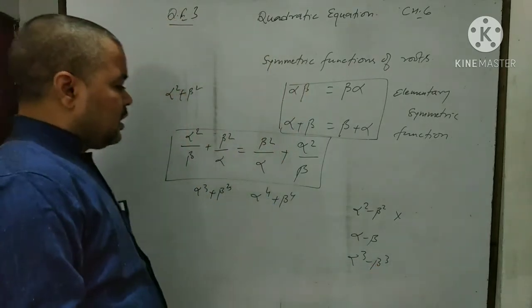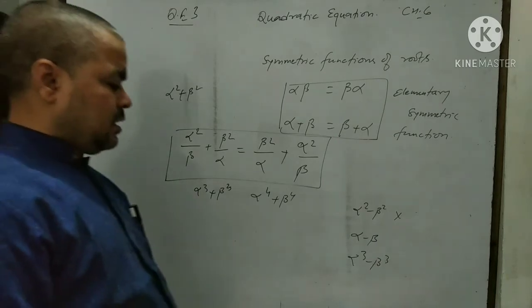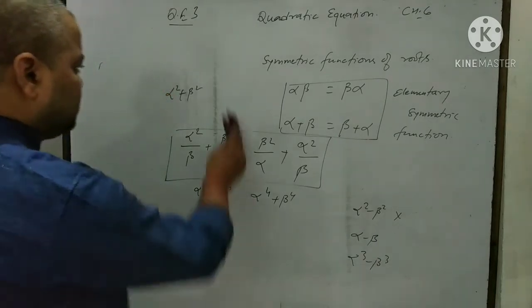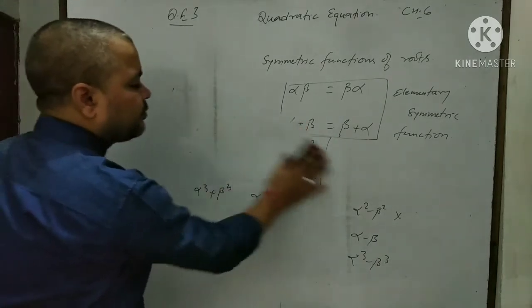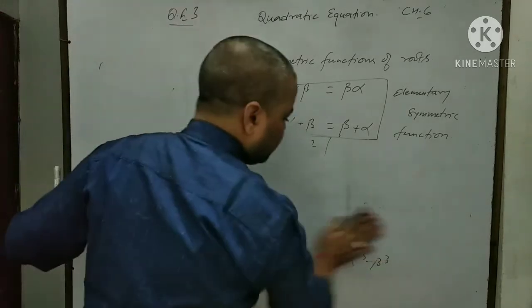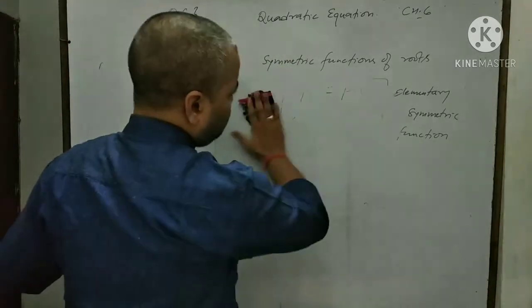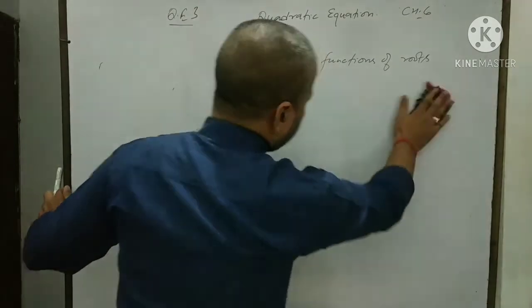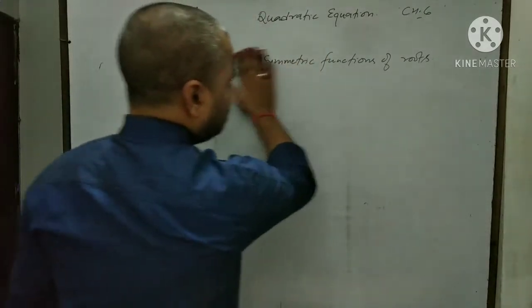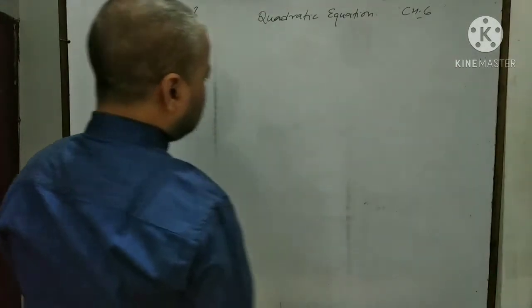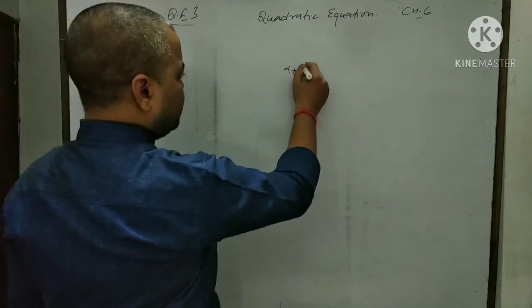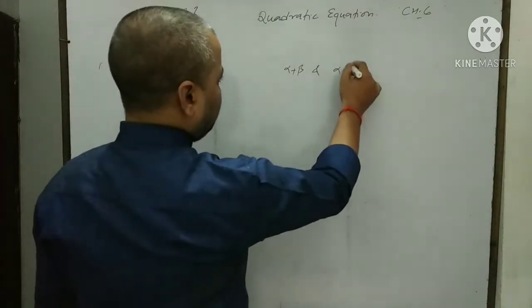Okay. Then, if we have any quadratic equation, then simply we can find sum of the roots and product of the roots. Means simply we can find the value of alpha plus beta and alpha beta.